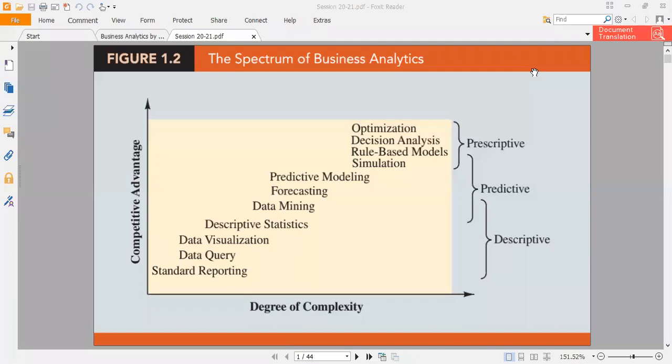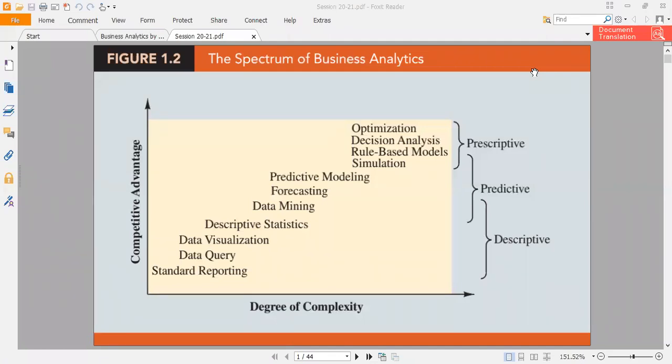The second step of this analytics journey is that once you have some insights from the data, you want to use your existing data to generate models that you can use to predict what would happen in the future. That's called predictive analytics, and today we'll be moving to that part of our journey.